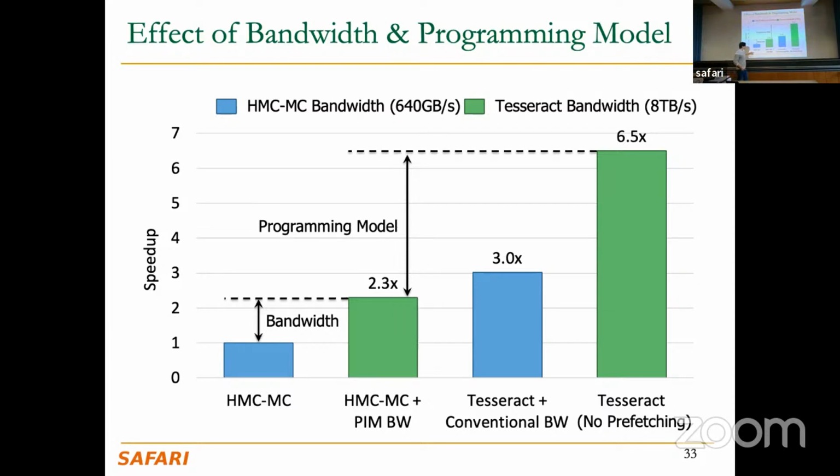So if you compare the performance of the baseline HMC, the multi-core HMC configuration with these 512 in-order cores, remember, and artificially increase the bandwidth to the same bandwidth as Tesseract, you will see a significant performance improvement, 2.3 times, but it's still not that much compared to the extra amount of bandwidth that we are providing. However, if you change the way the system is designed, you can exploit that bandwidth much better.